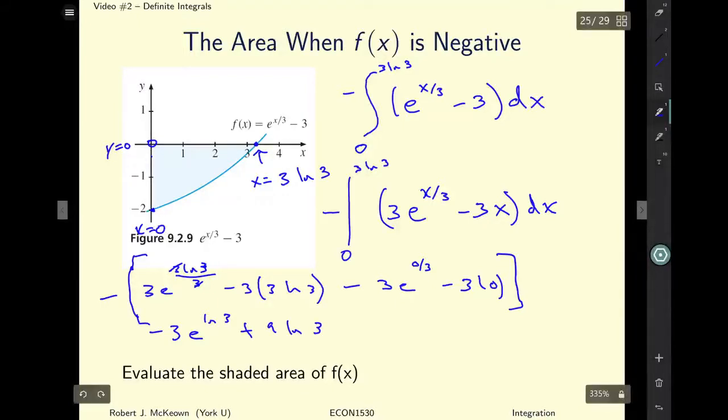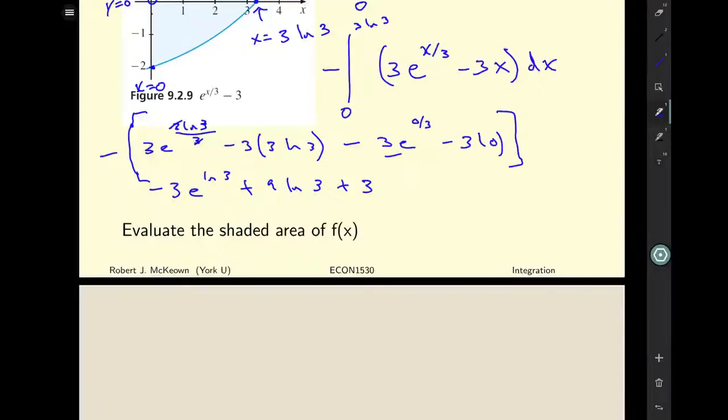And over here, e to the 0 is 1, so I'll have minus 3 and then a 0 at the end. Make sure that should be a plus 3. Now I've got e to the 3, so that's just going to be negative 9. The e and the log cancel out, the 3 comes down, so we have negative 3 times 3 plus 9 log 3 plus 3.